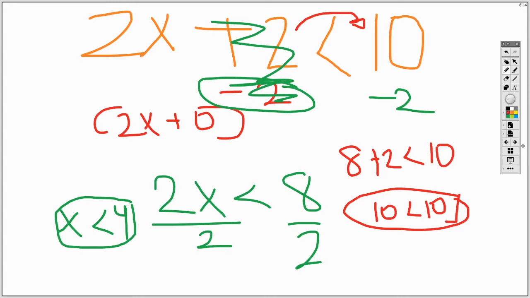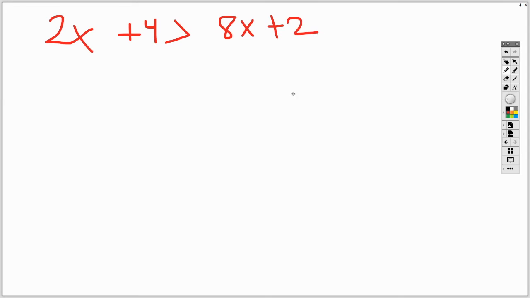So this is basically one-x-variable inequalities. Whenever we have x on both sides, suppose we say 2x plus 4 is greater than 8x plus 2. We remove the x from the side that has less, that'd be 2x, because we want this to be 4 only.